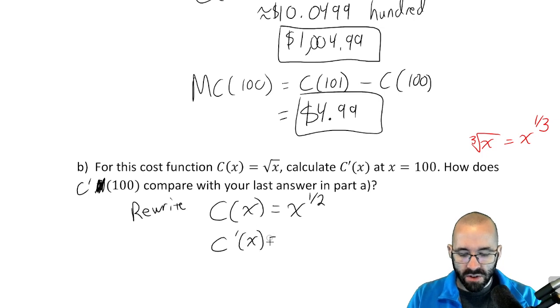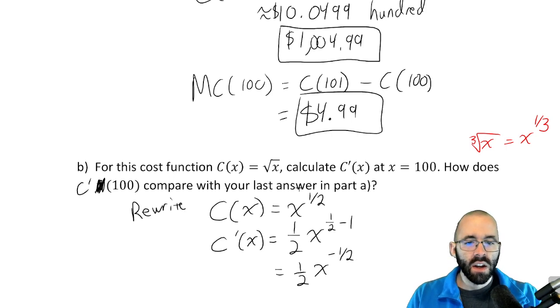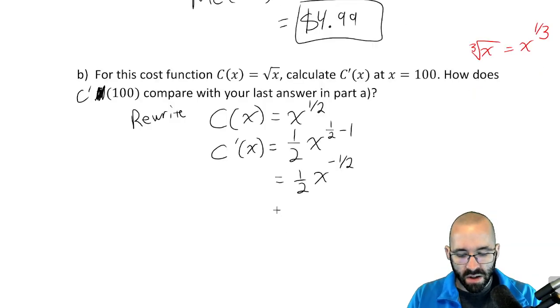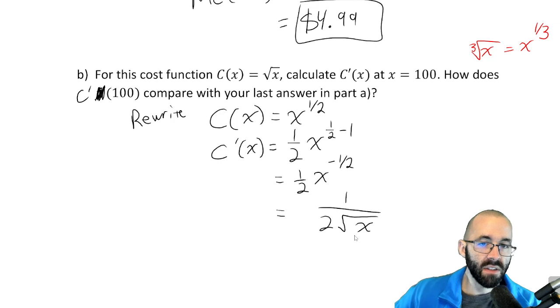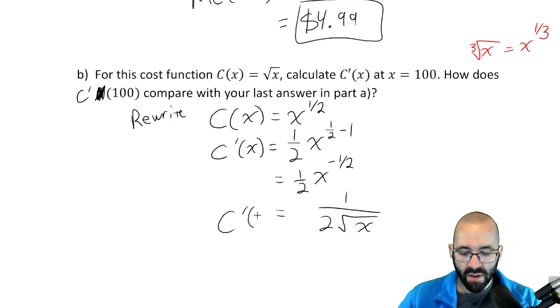The derivative of this function is just the power rule. Bring down the exponent, subtract 1 from the exponent. 1/2 times x to the negative 1/2, which again, negative exponent means denominator, and 1/2 means square root. This is the derivative of our function.